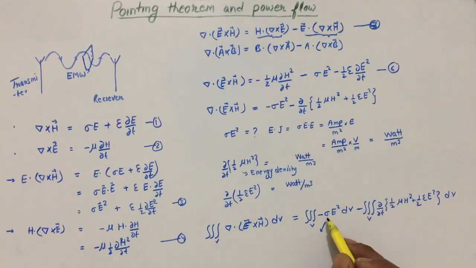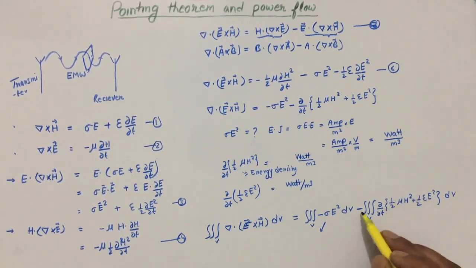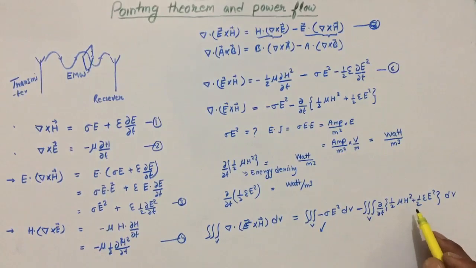So this is the power dissipated in the form of heat due to the conductivity of the medium by the electromagnetic wave, and this can be written as the rate of decrease of energy in the electric and magnetic fields.